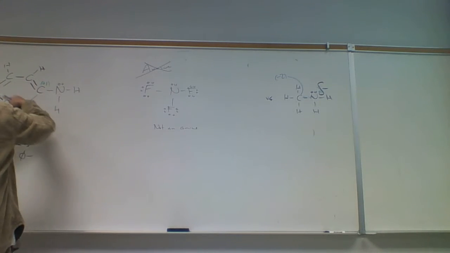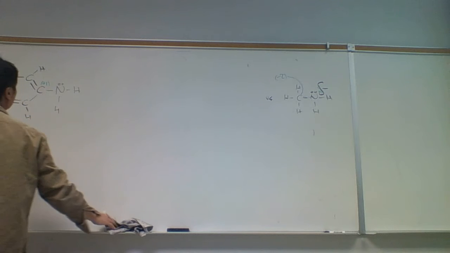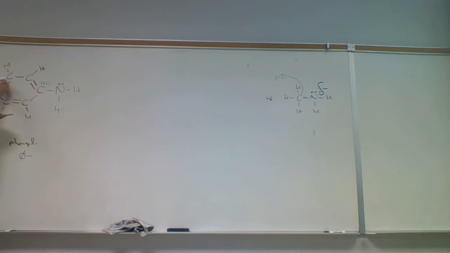Because of this network, there are a couple of things we can visualize. One thing is there's a delocalized pi bonding network. All the p orbitals are lined up here, and so the p orbital can accommodate more electron density, so we can delocalize it that way.